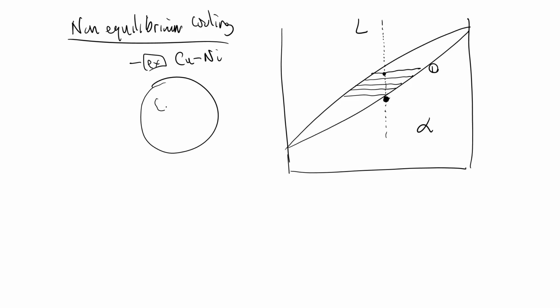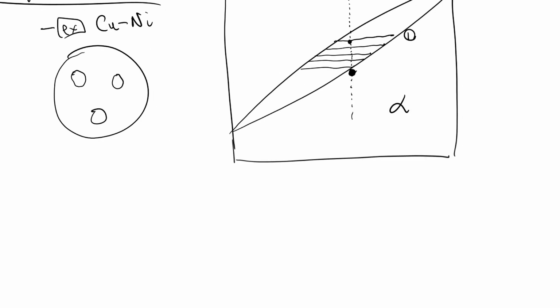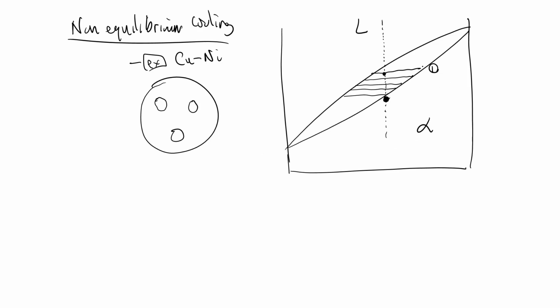There's a little bit of solid floating in the liquid. But the composition of the solid is way up here. We could just give it a number. Maybe it's about 70 weight percent copper. Or sorry, nickel. So it's 70 weight percent nickel.